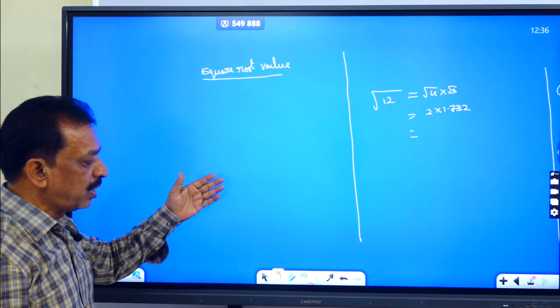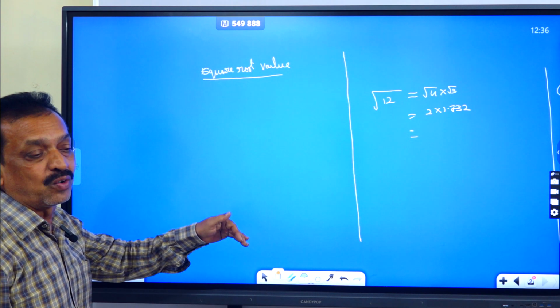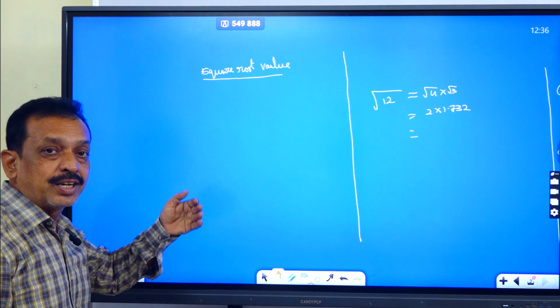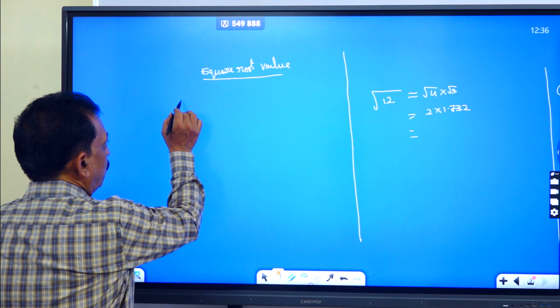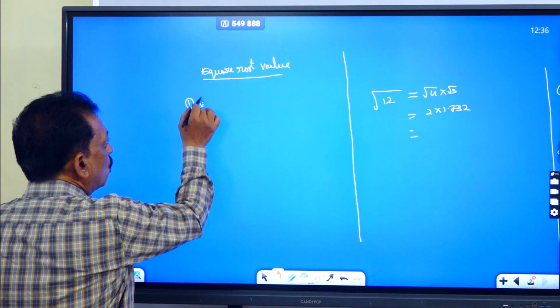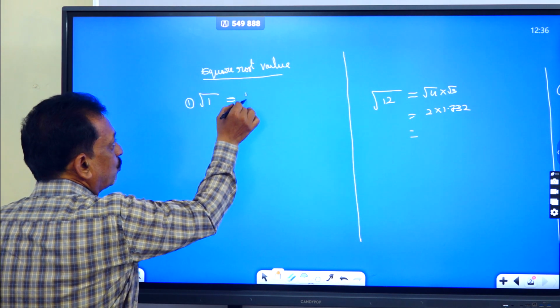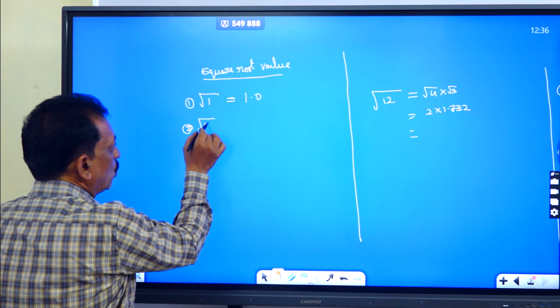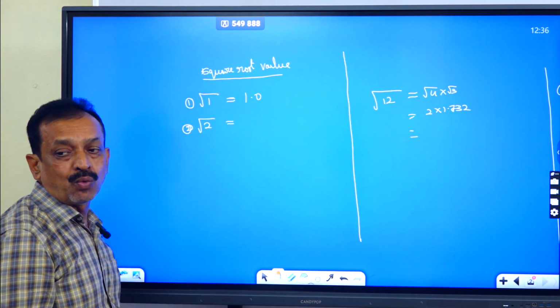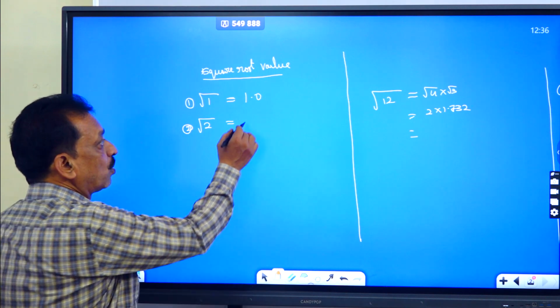After telling the square root values, I can explain how you are going to find root values, and the logical root finding methods. Okay. Now coming to the number 1, root 1 is equal to 1. You can say 1.0, no problem. Second, root 2 is equal to 1.414.